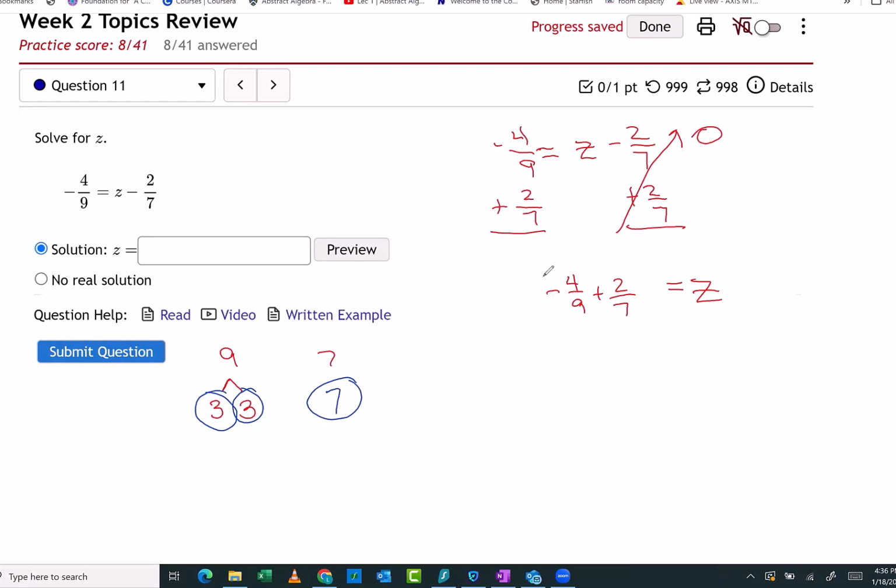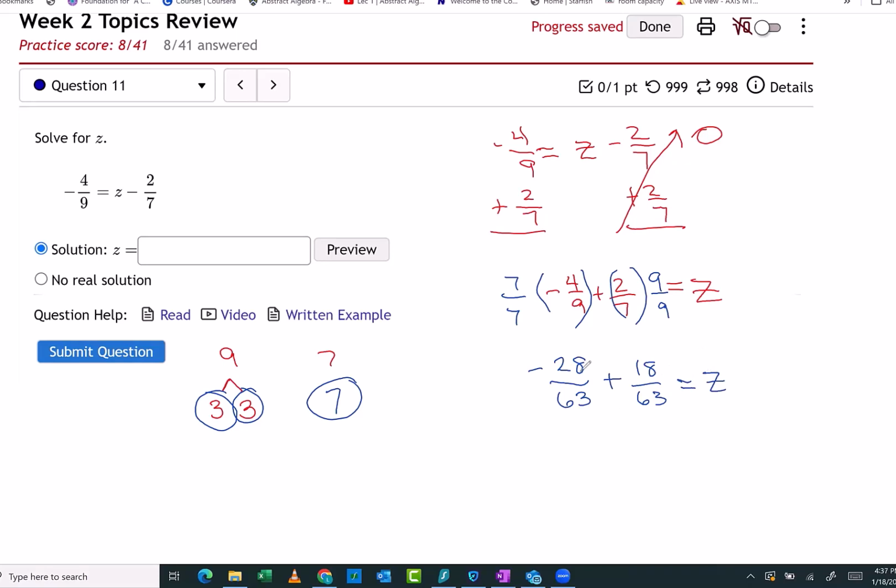That means I multiply this by 7/7, and this by 9/9. What I get is negative 28/63 plus 18/63 equals z.